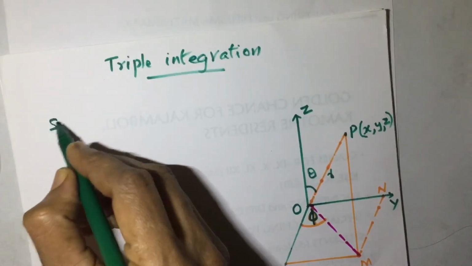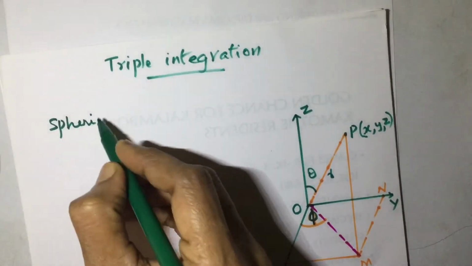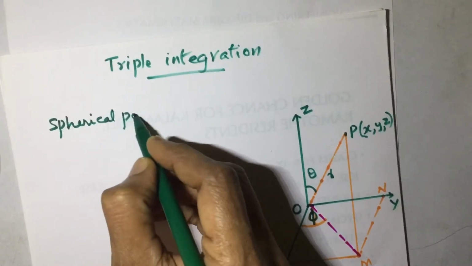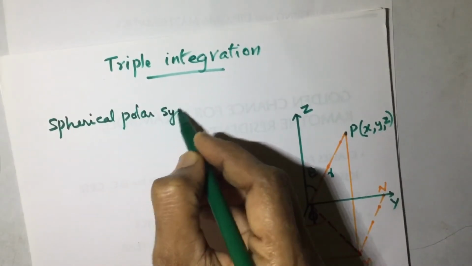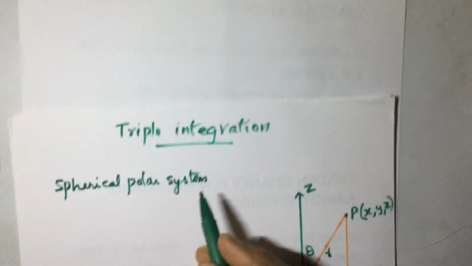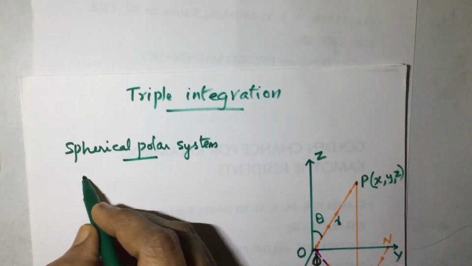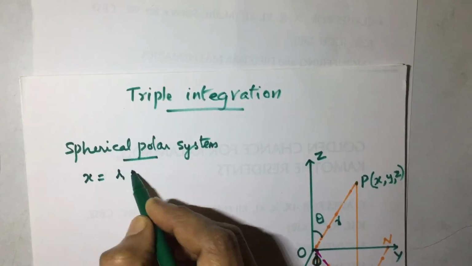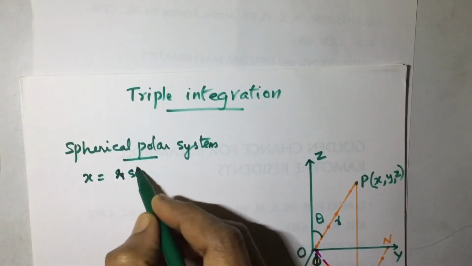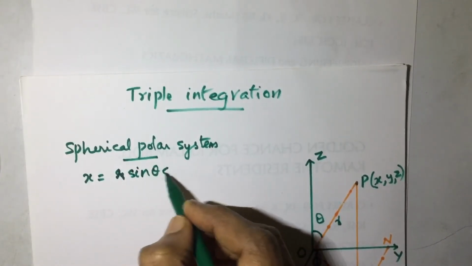In the spherical polar system, x will be r sin theta cos phi.